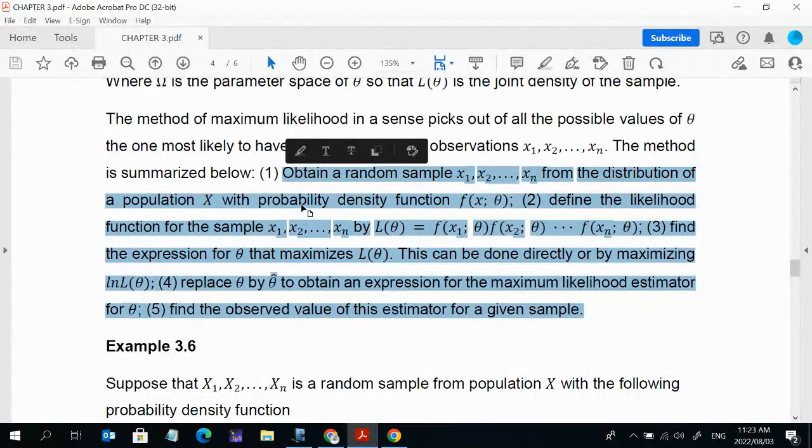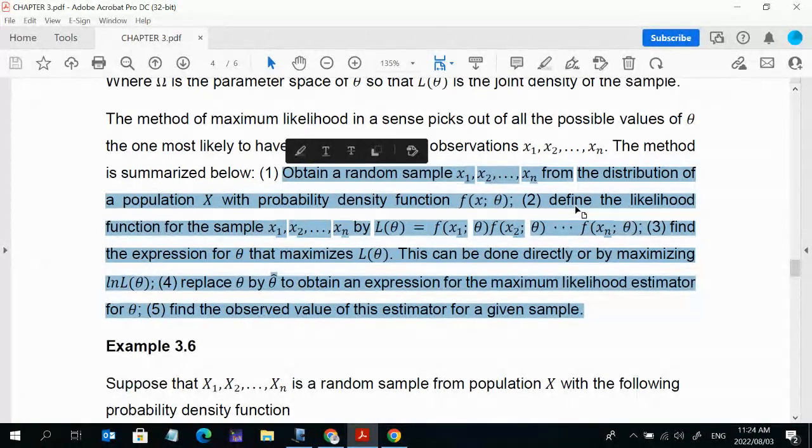Now we have the sample. What we need is the statistic, the formula or the function that we can use to estimate the target parameter. So the second point says define the function of the sample by the joint function. After getting the sample, we get the likelihood function.